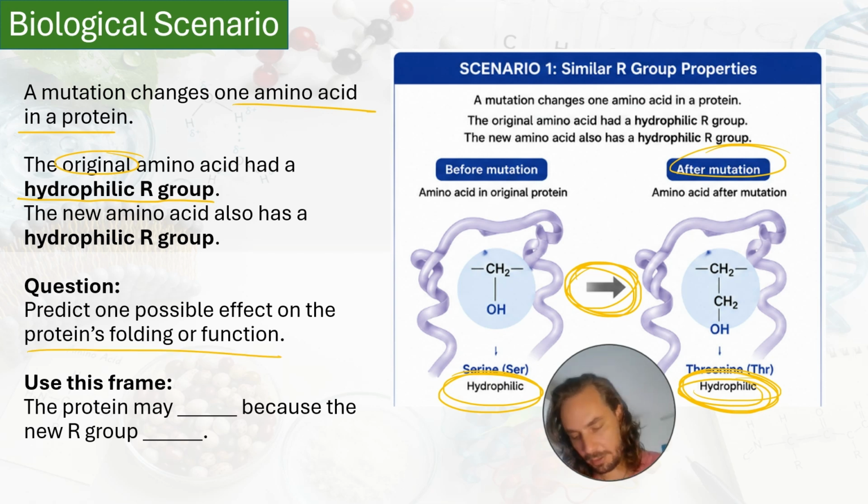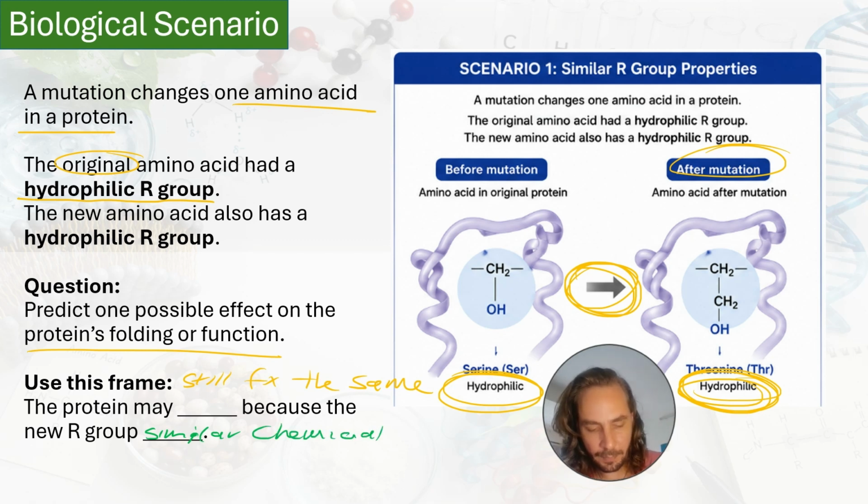The protein may still function the same because the new R group has similar chemical properties. So it would still interact with water and other chemical molecules in the same way.